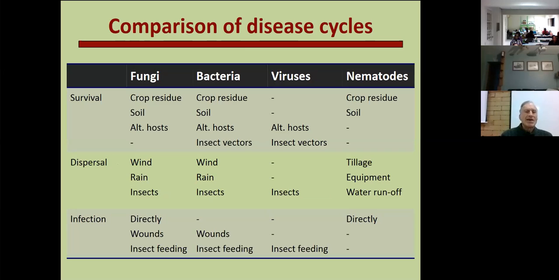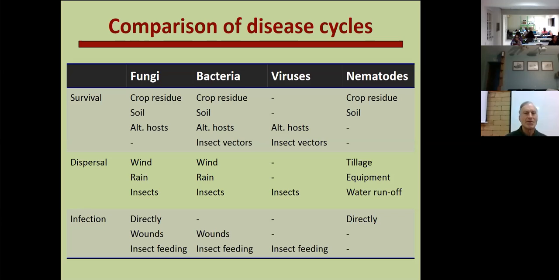So fungi survive on crop residue or in the soil, or there could be alternate hosts. An alternate host is a plant other than your crop plant that fungi can live on. So it might be a weed, it might be another crop plant, it might be trees in the neighborhood.